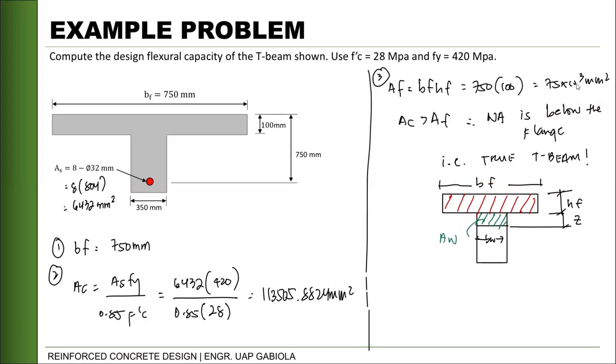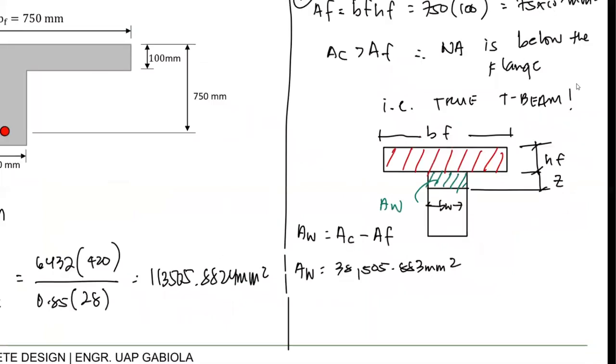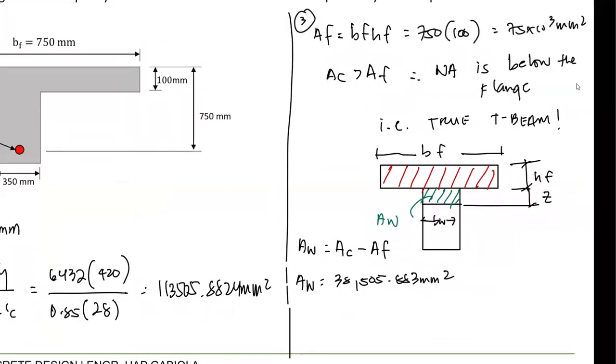So, to get the area of the web, that is just equal to the area of the concrete, or the compression, minus the area of the flange. So the area of the web is 38,505.883 mm squared. Okay? So if that is the value of AW, we can also equate that to the area of this green portion. That is width times height.